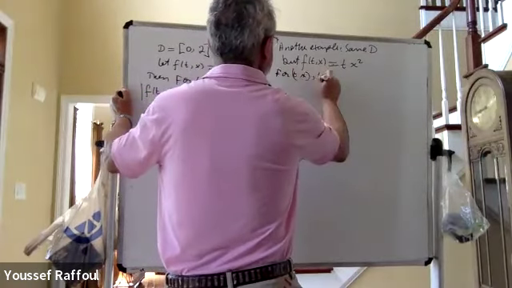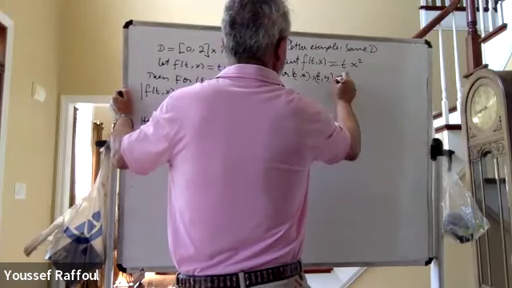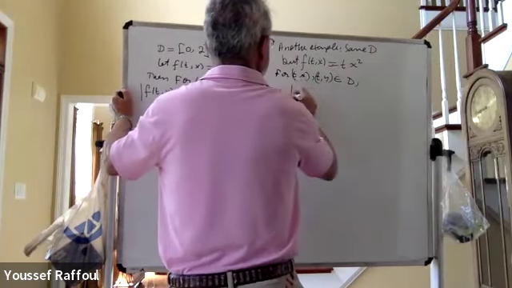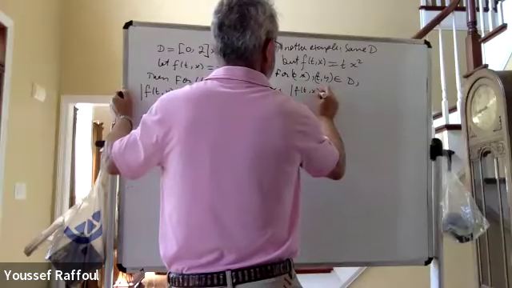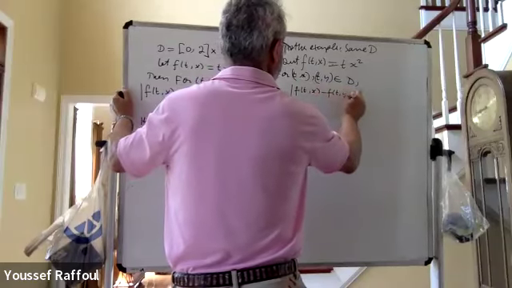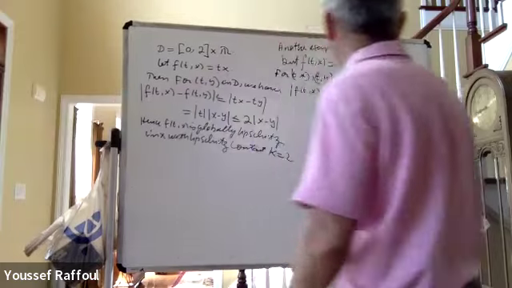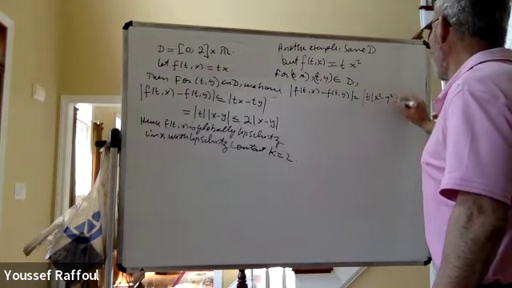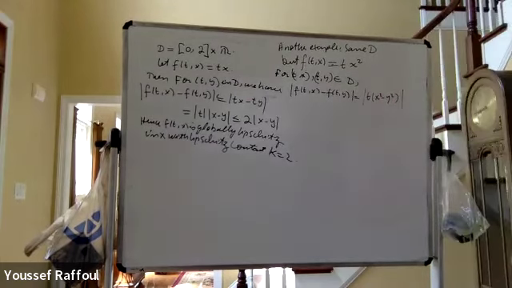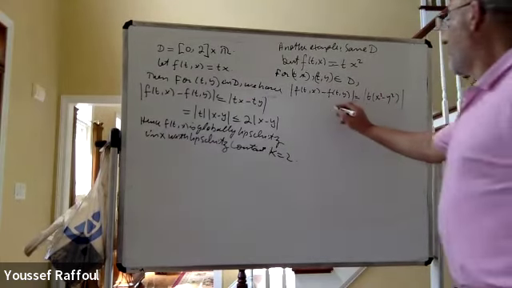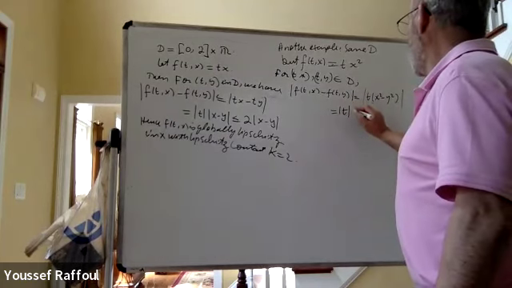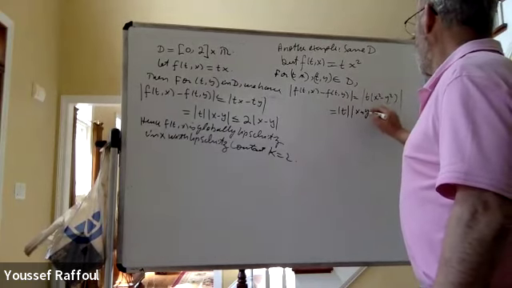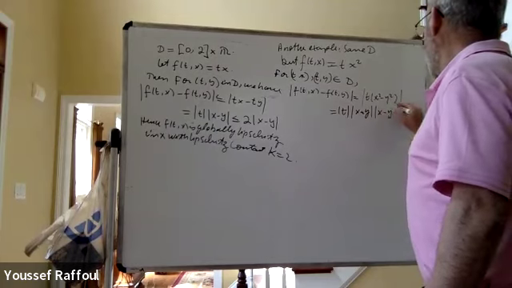For (t,x), (t,y) in D, we have |f(t,x) minus f(t,y)| equal to t times |x squared minus y squared|, correct? That is equal to t times |x plus y| times |x minus y|.